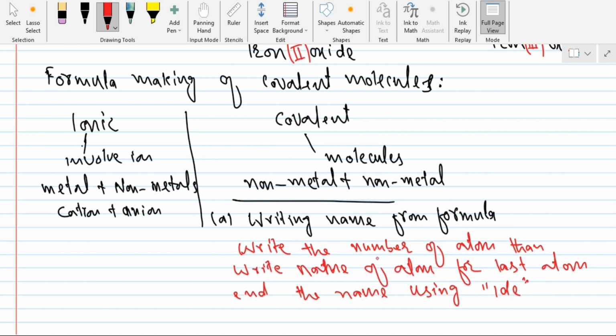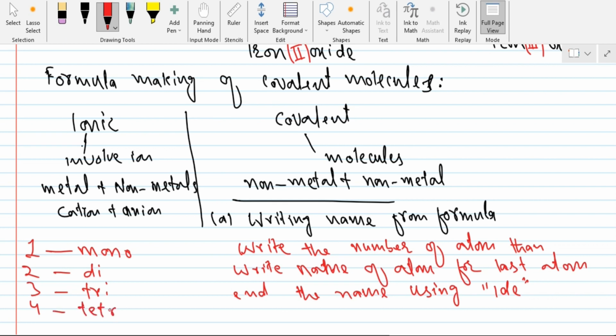So here I mentioned that you write the number of atoms first. For numbers, if there is one, always say mono. If there are two atoms, we say di. For 3 we say tri. For 4 we say tetra.